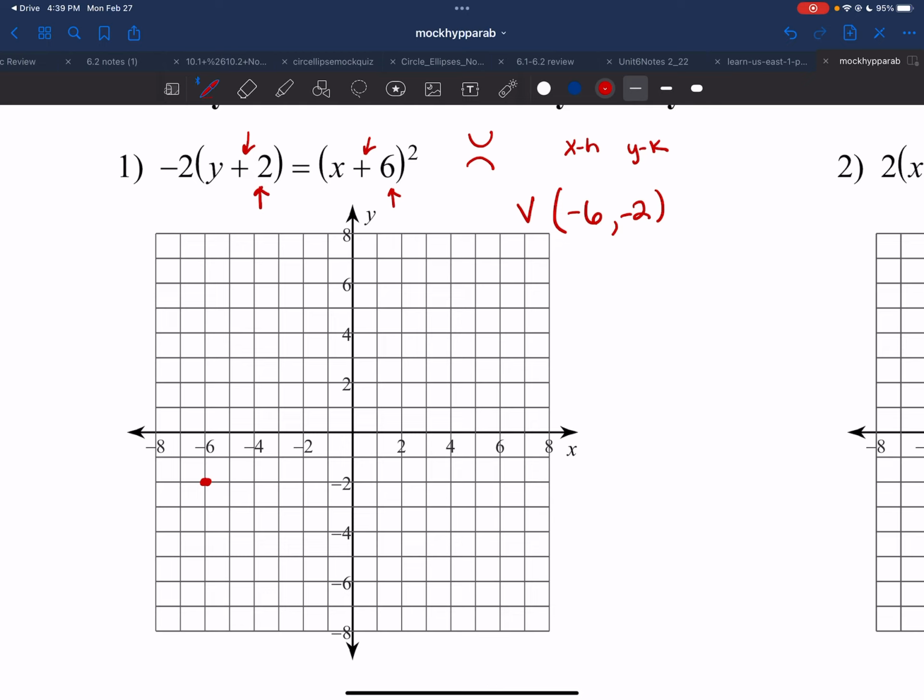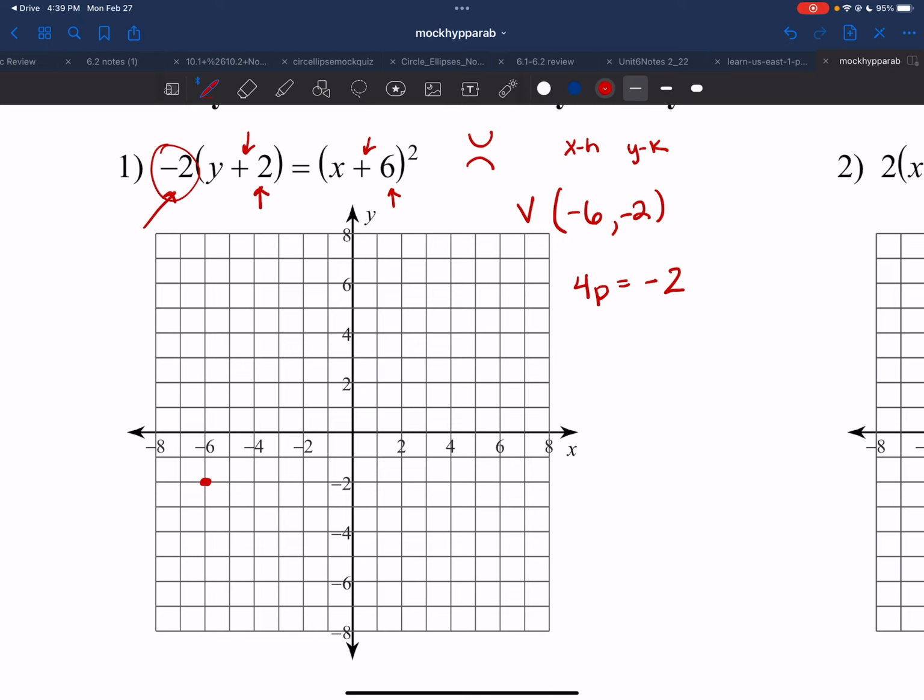The next part we have is to take a look at our latus rectum, which is this. That's the equivalent of 4p. And we want to set that number equal to 4p so that we can figure out what my p is.